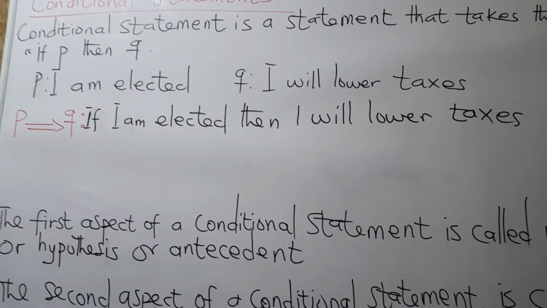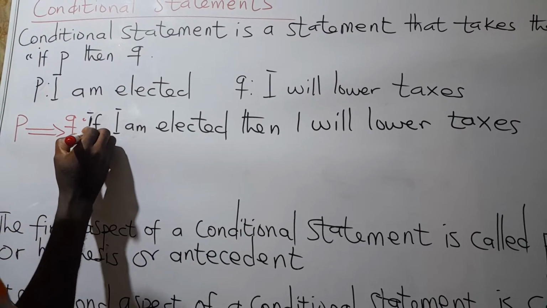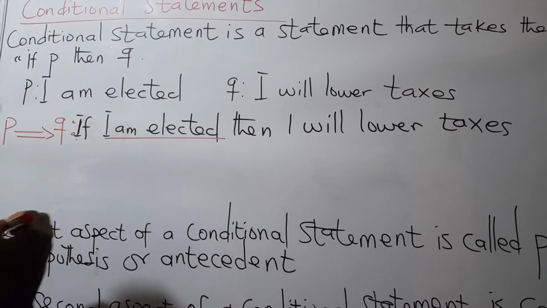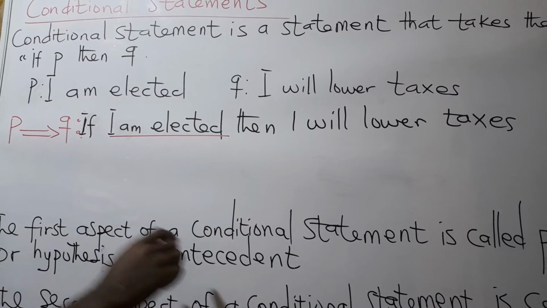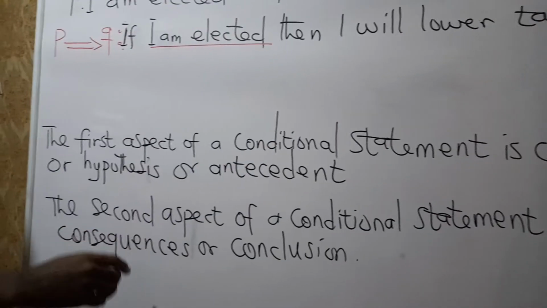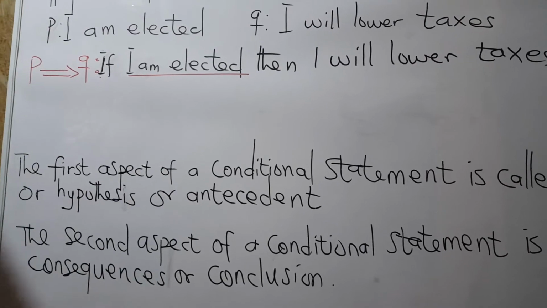The first aspect of any conditional statement, for instance this one, is I am elected. The first aspect is called the premise or the hypothesis or the antecedent. So please take note of that.